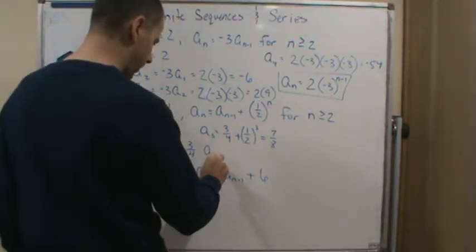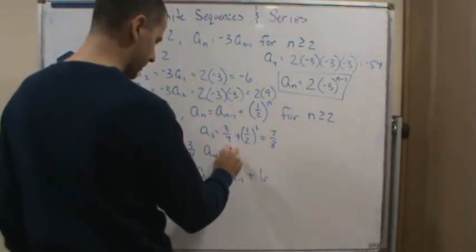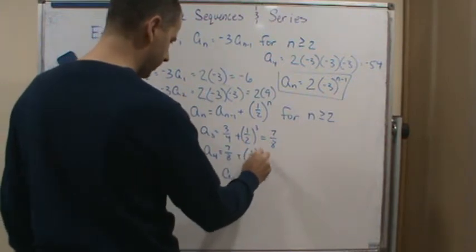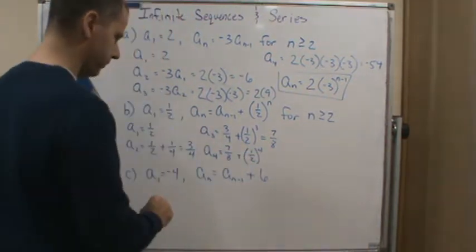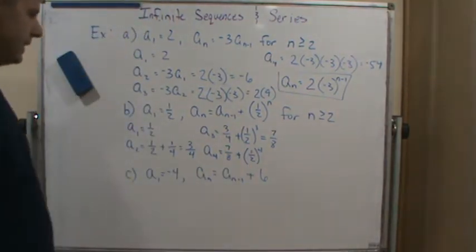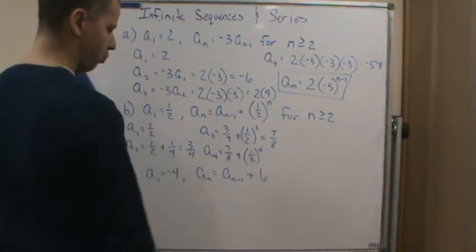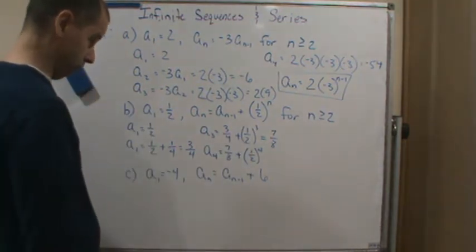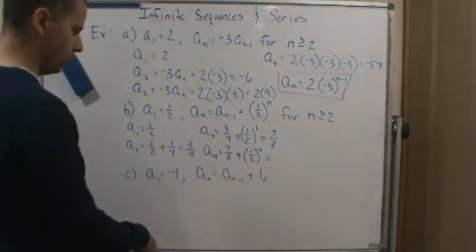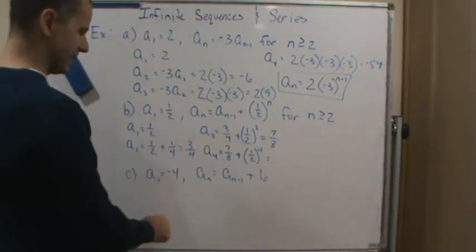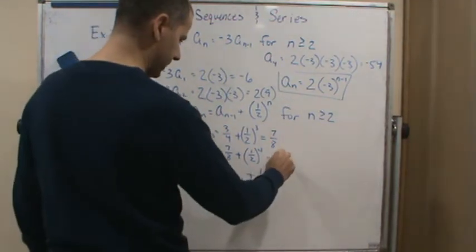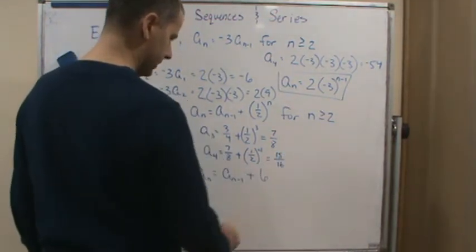A sub 4 is going to equal 7/8 plus 1/2 to the fourth power. And so this is going to be 7/8 plus 1/16. So we get 14/16, and plus 1/16 is 15/16.